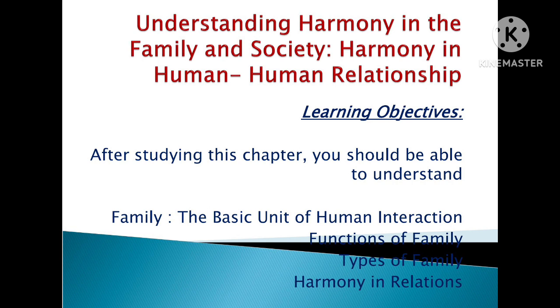After studying this chapter, you should be able to understand family, the basis of human interaction, functions of family, types of family, harmony in relationship, etc. After completing this unit, we'll be able to understand what the basic unit of human interaction is, what the functions of a family are, why a family should exist, what the reasons for a family are, or what the benefits of being in a family rather than being single are.